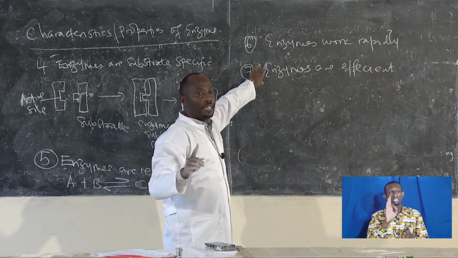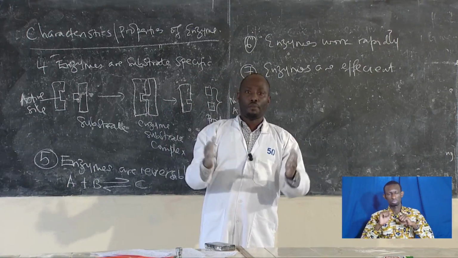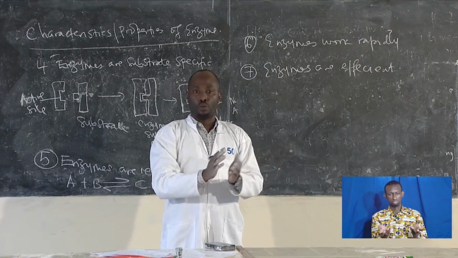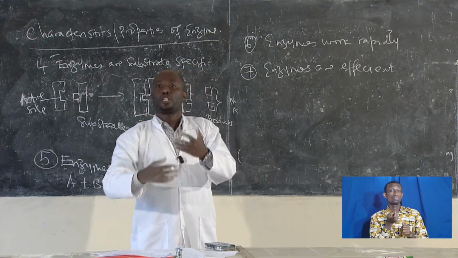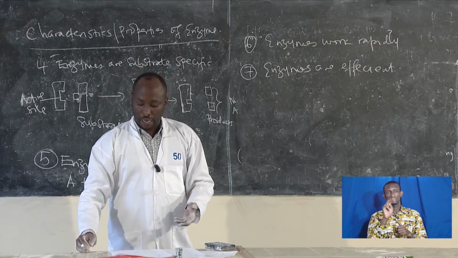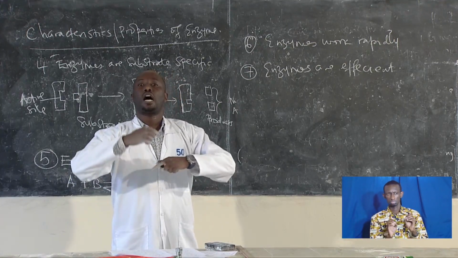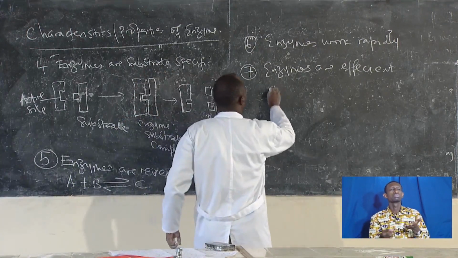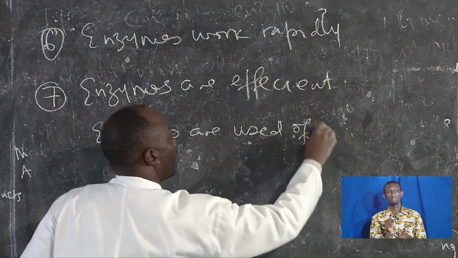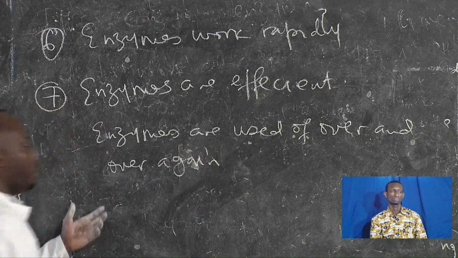It means most of the time enzymes are used in a small amount, and they still get more substrate to combine with and form the enzyme-substrate complex. Enzymes are not used up in the reaction, and therefore can be used repeatedly. Enzymes are used over and over again.